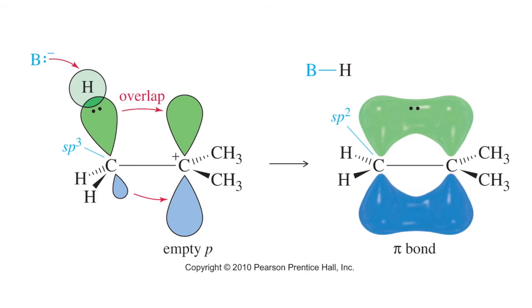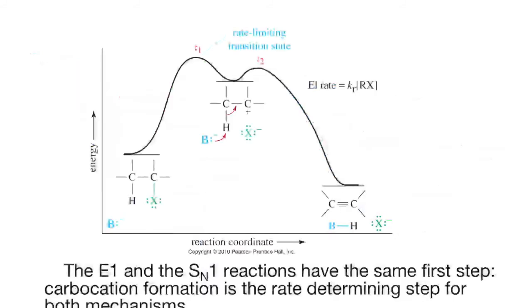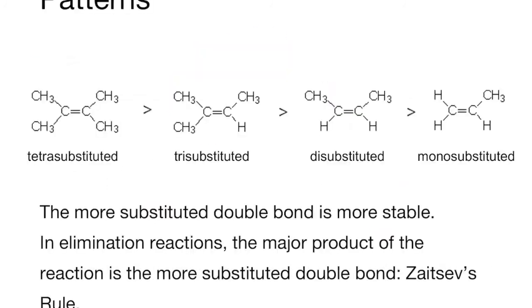The two electrons of the bond will remain on the sp3 carbon here, and the two electrons with an empty orbital make an overlap and create a pi bond, like the green and black dot representation explains. That's the E1 diagram. This is just a pattern of double bond: mono substitution, di, tri, tetra.